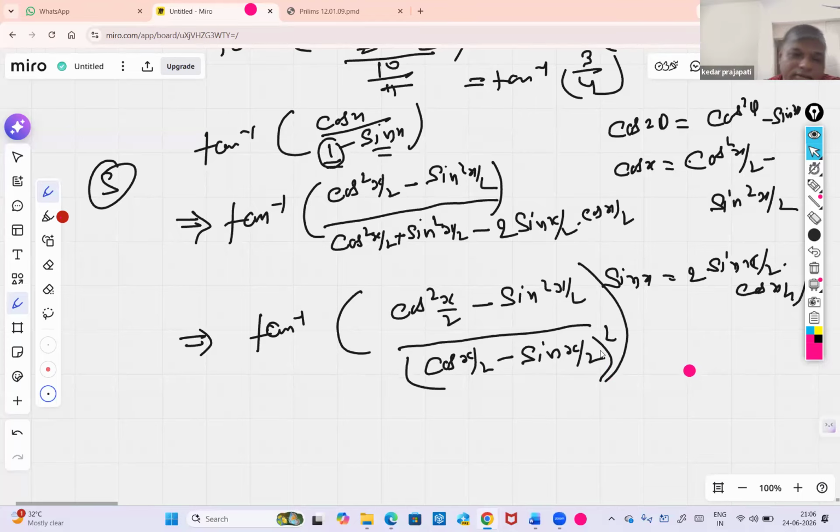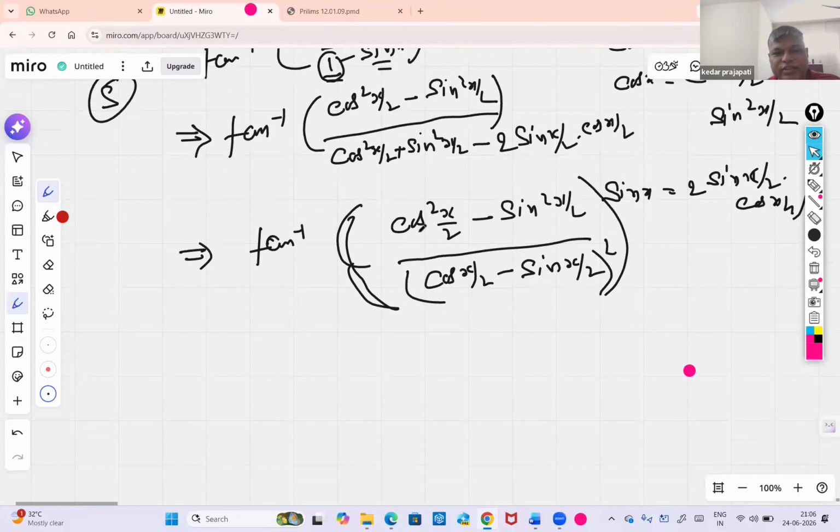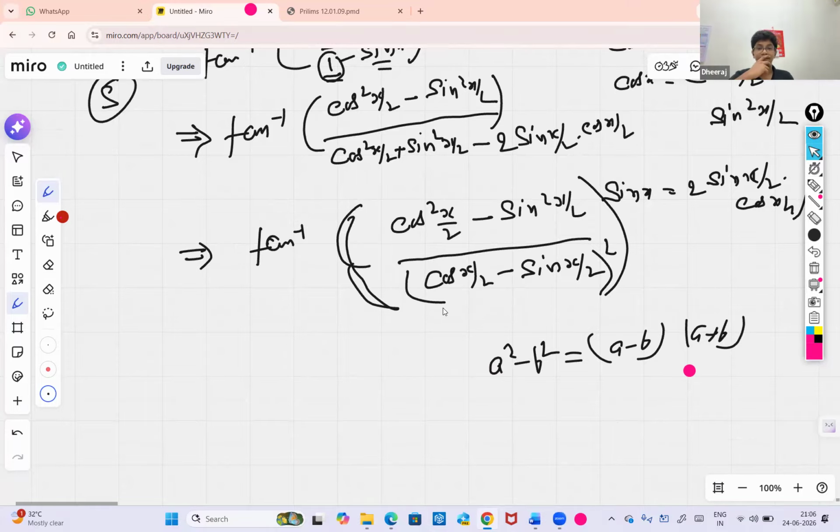Now this is a square minus b square, which is a minus b, a plus b. You just keep on simplifying. If you leave it here, you will get half mark. We have to simplify to the last step.